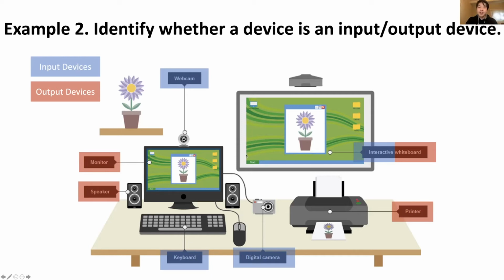Some of the devices will be both. For example, an interactive whiteboard can not only take input, we can also get back what we wrote. So that will be an example of multiple things. Your iPhone, your Android, all those smartphones contain both input and output in the same source.